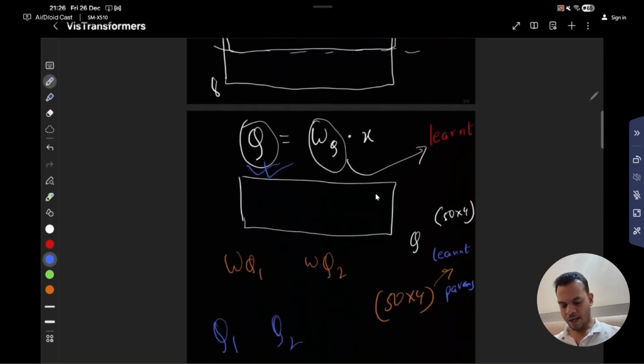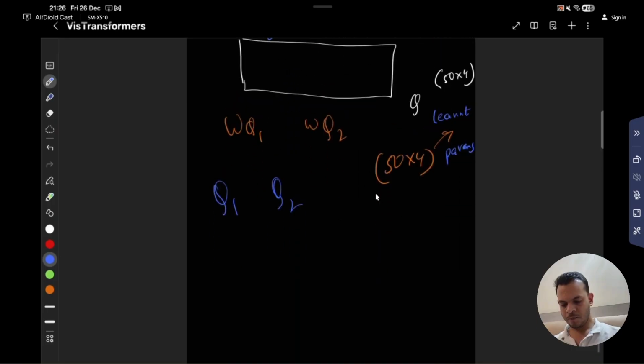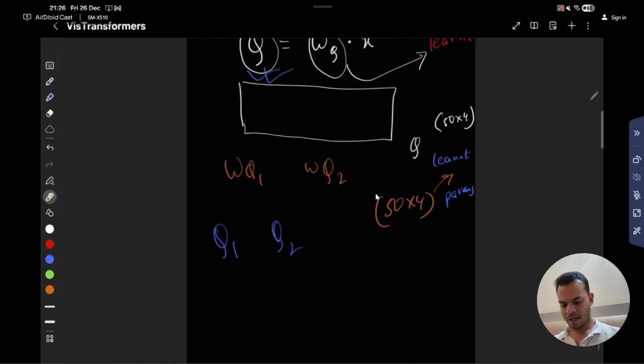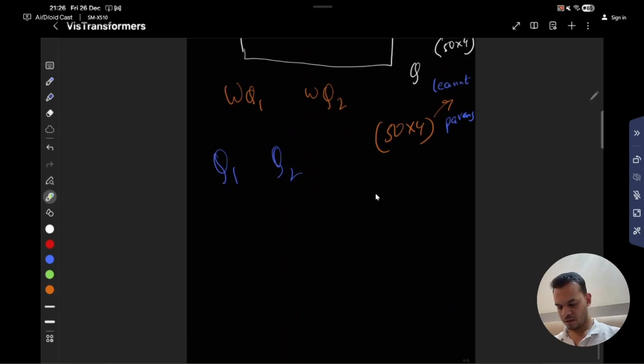Now we will see what happens with this q1 and q2, but one thing we need to understand here is that the same thing happens here also, and what we get is k1, k2, and v1, v2.